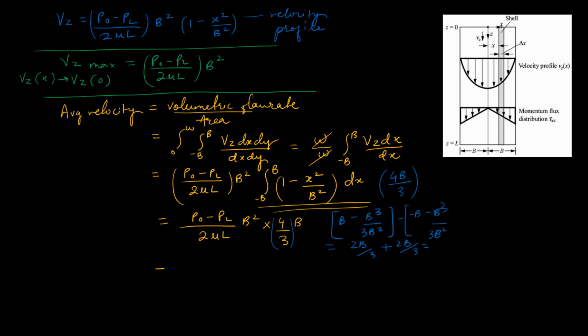Now you solve the denominator, that is integration of dx from minus b to b, which gives me the value 2b.